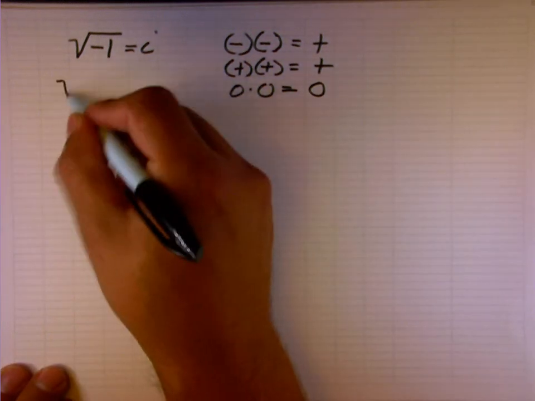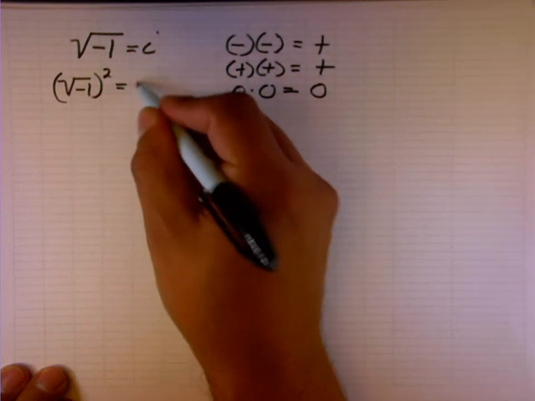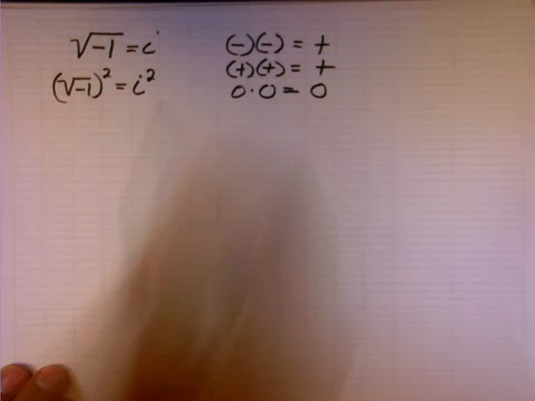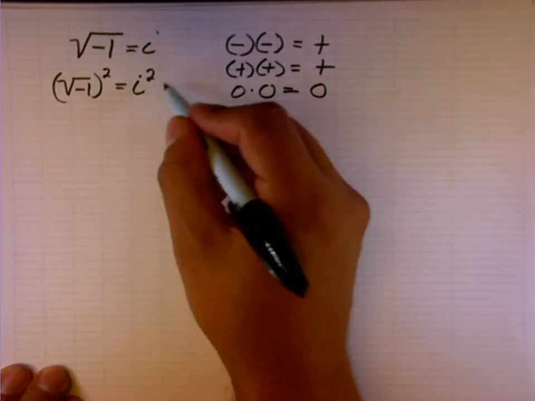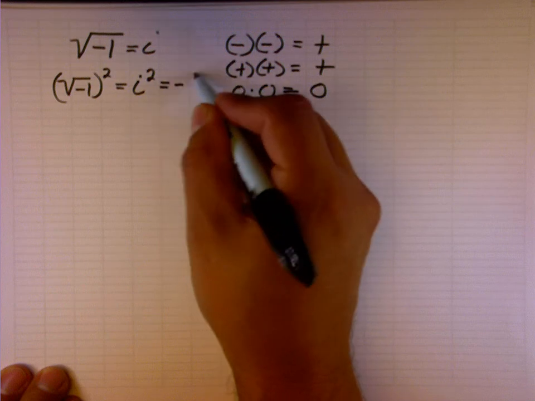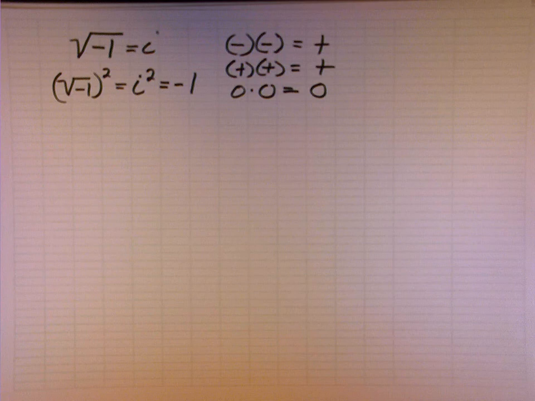So, the square root of -1 squared equals i squared. Well, the square root of -1 times the square root of -1 is -1. So even though i is an imaginary number, i squared is a real number.